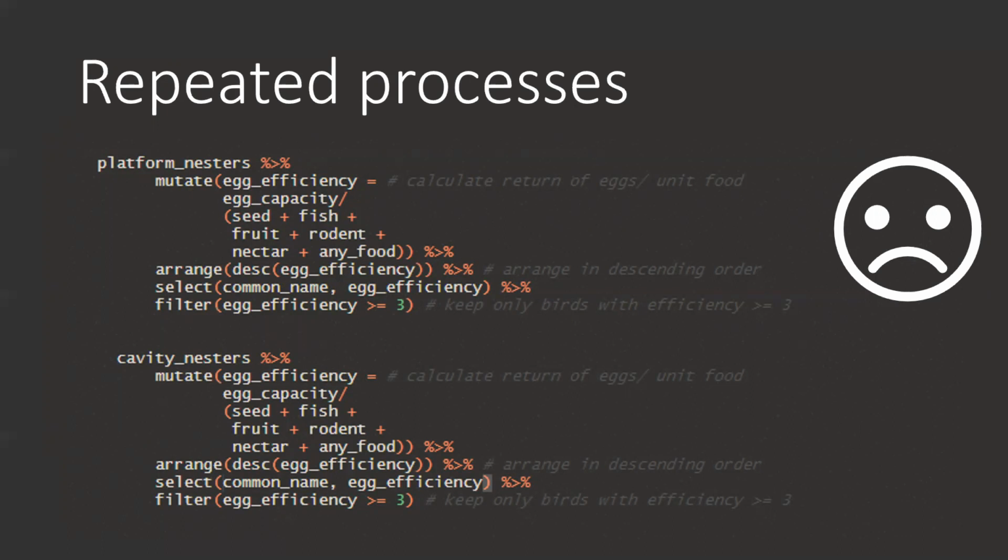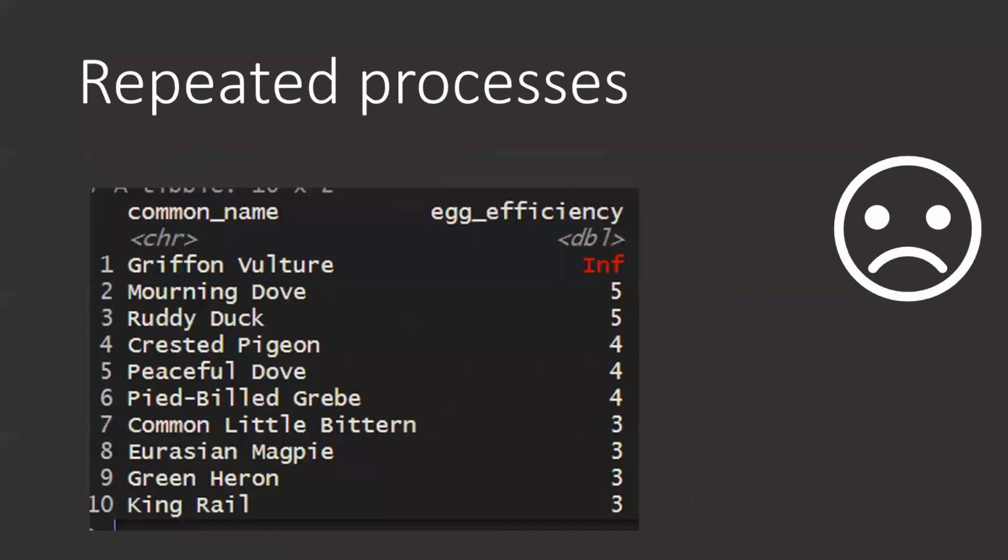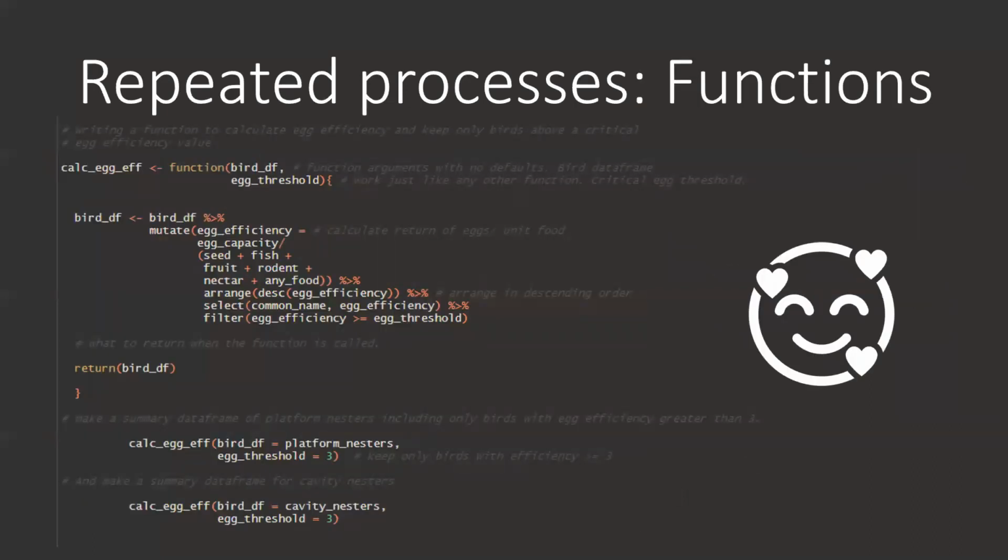It clutters up our space and it creates opportunities for us to make mistakes. So, the strategy that I'll encourage us to take, and this again is going to become particularly helpful when we're writing Shiny apps and there's a lot happening in our workspace, is to write functions. So in this case, we're defining a function called calcegf, which means calc egg efficiency, and note the concise and descriptive function name.